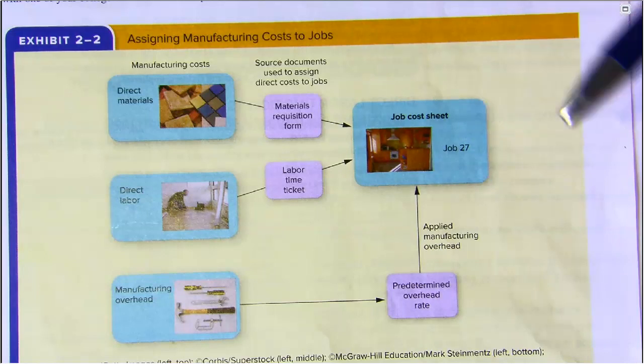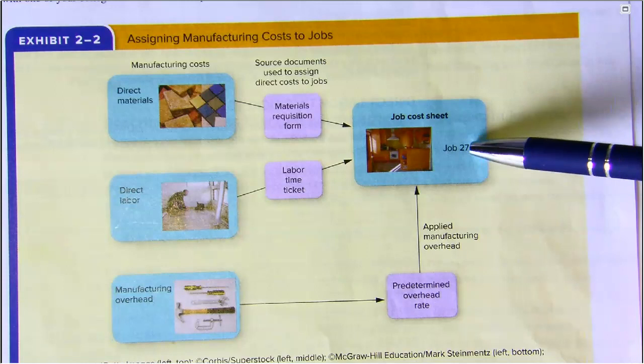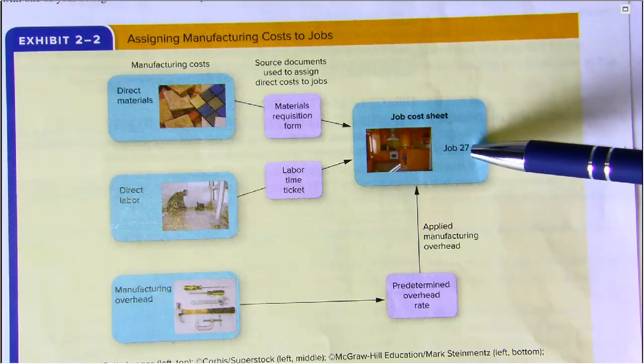And then we learned in the last mini lecture that manufacturing overhead is an indirect cost and it can't be directly traced. So we need to somehow get that cost onto the job cost sheet because all three costs, direct materials, direct labor, and manufacturing overhead, have to become part of the cost of the product.